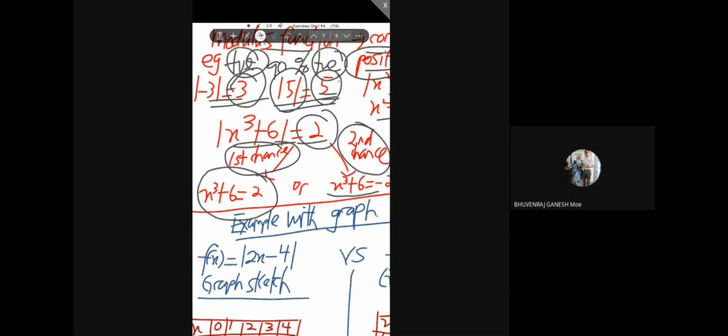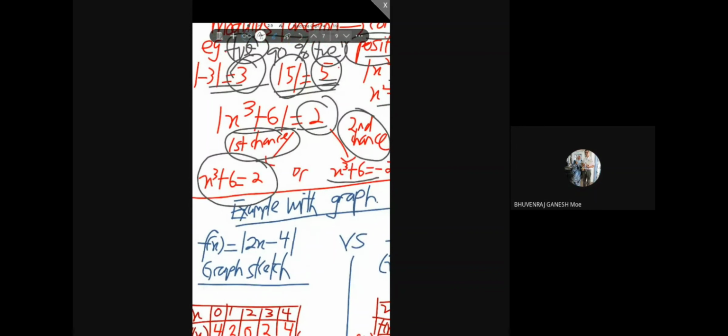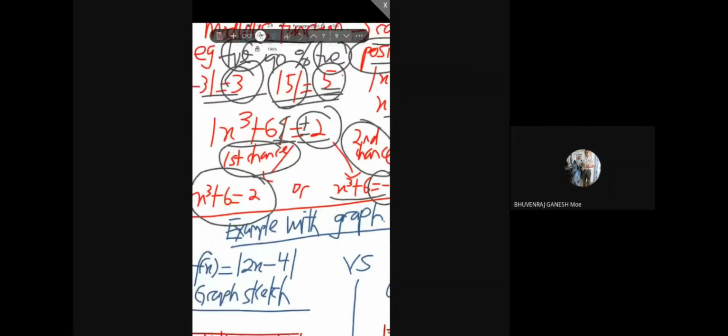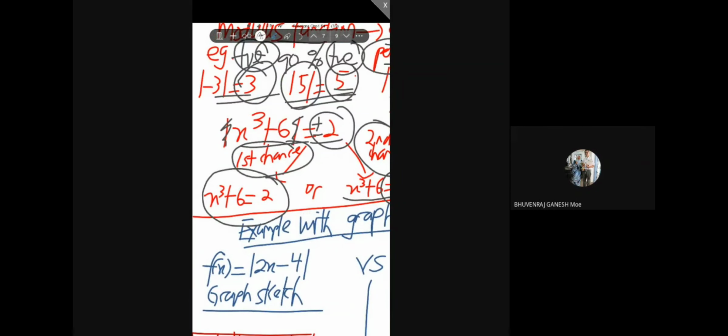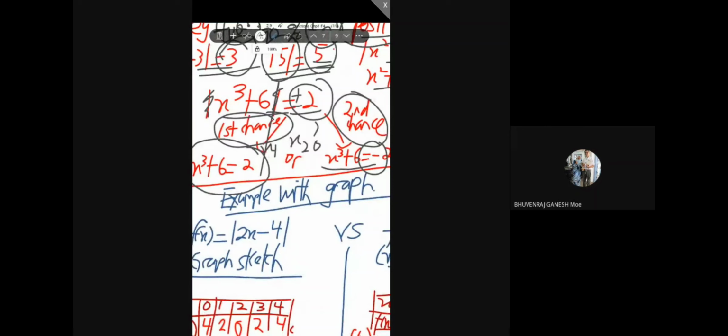So the negative comes after you remove the modulus from the equation. Don't automatically write positive, negative here. You have to take out the modulus sign first, then only write your positive, negative. That's how it works, so you will expect two x values, x1 and x2. That's the thing here for modulus.